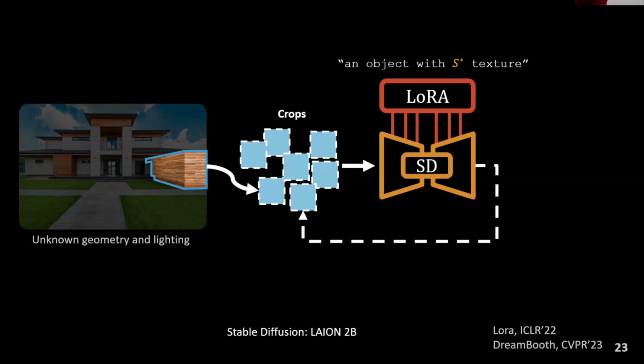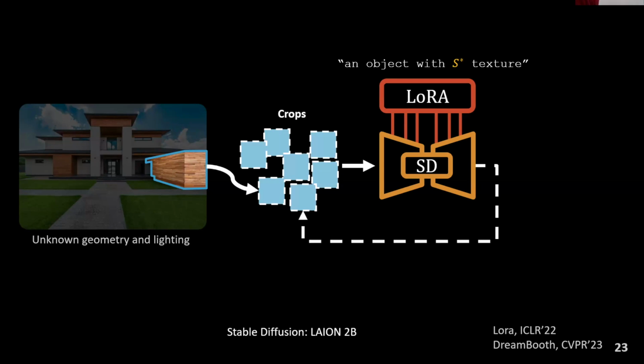What we do here is that for a given input region, we extract a certain number of crops and optimize LoRA DreamBooth, which is a Stable Diffusion model optimized very lightly with LoRA, with a given prompt that says an object with S-star texture, where S-star is the concept provided by the crops.